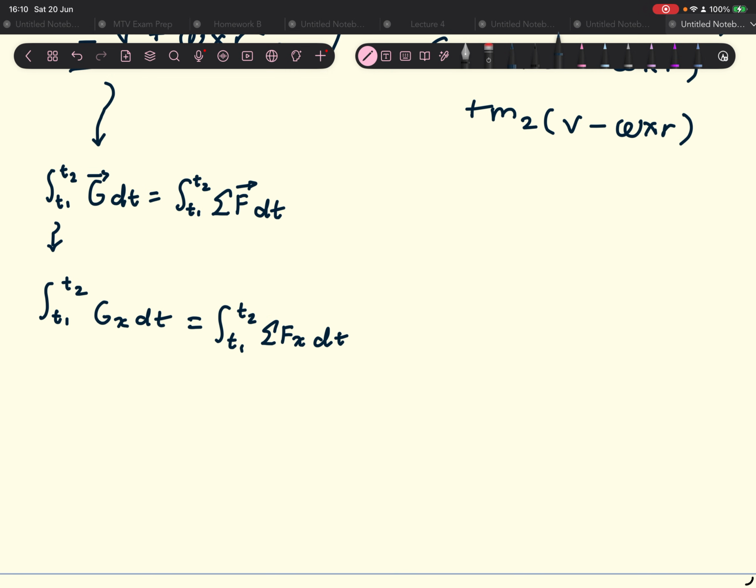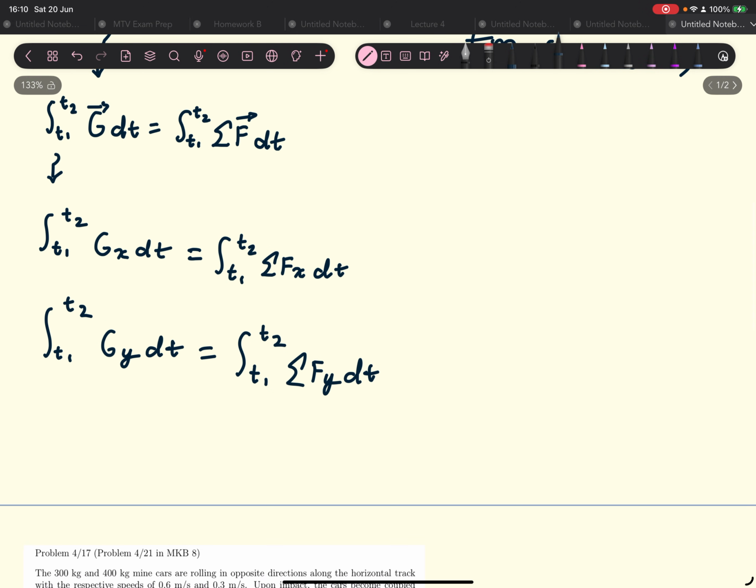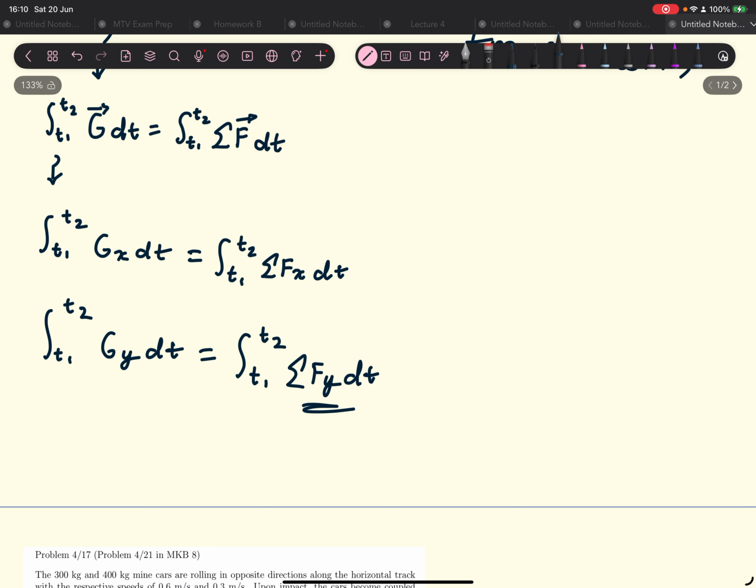If we wanted it to be conserved in the y direction, then we do the same thing, right? But then now our sum of forces in the y direction need to be 0. Right, so if the sum of forces in the y is equal to 0, then this whole thing becomes 0, meaning that the change in momentum in the y direction will be equal to 0.